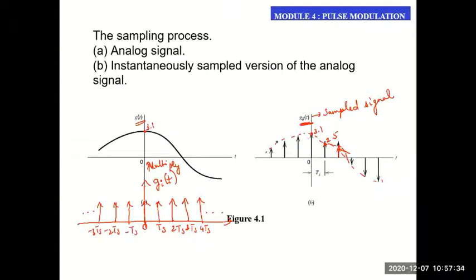That means I'm not taking fixed steps in the y-axis, but in the x-axis, I'm taking fixed steps of time, that is one sample every Ts seconds. We call this g delta of t the instantaneously sampled version of the analog signal. Is this clear till this point?